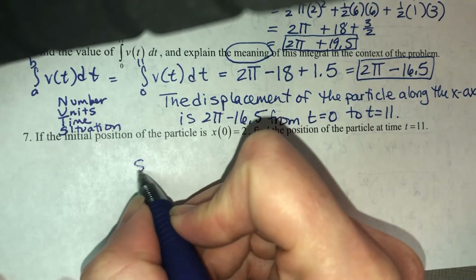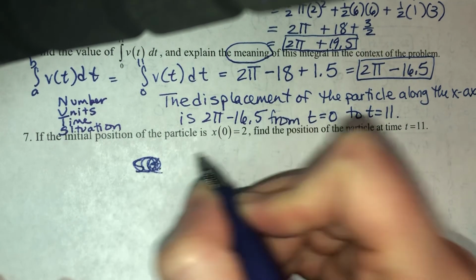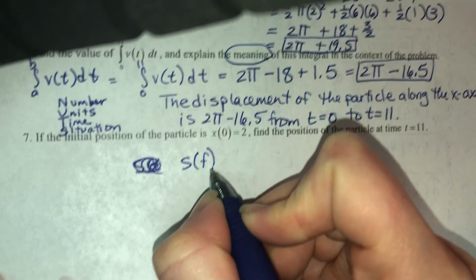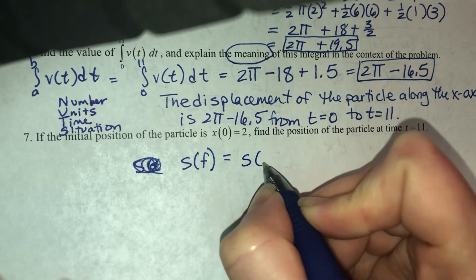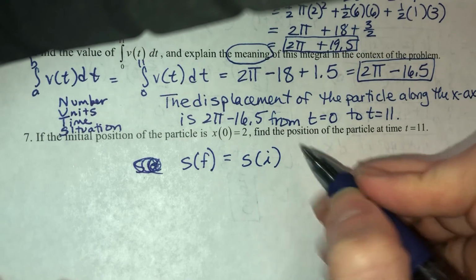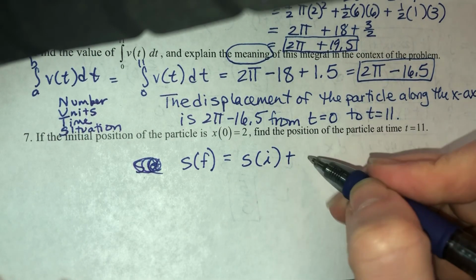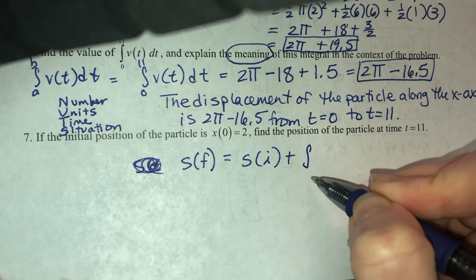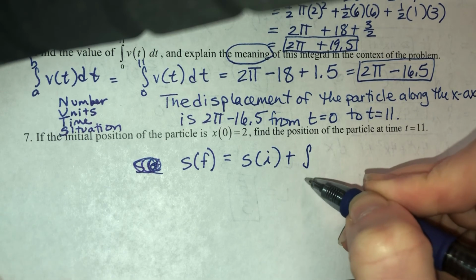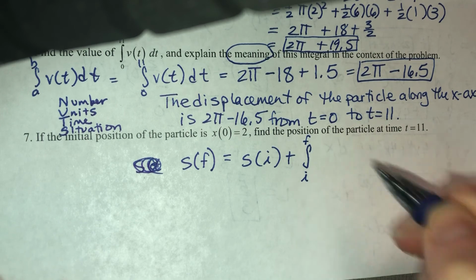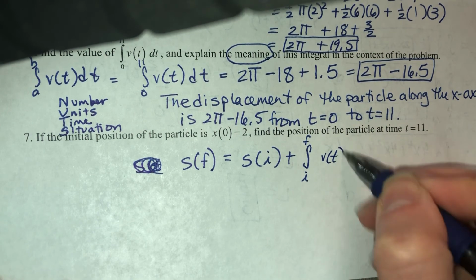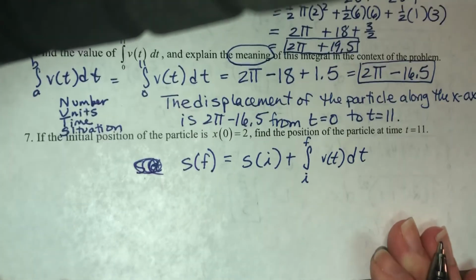So if you have S of f, which is your final time, well, final position equals initial position plus the integral, from i to f, initial time to final time, of v of t dt. So this is what's on your note card, okay?